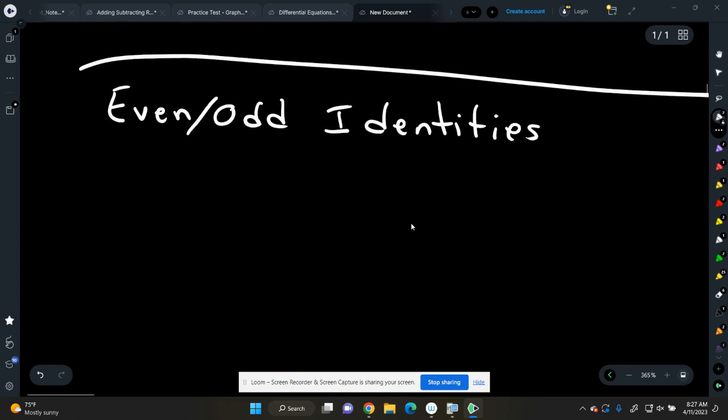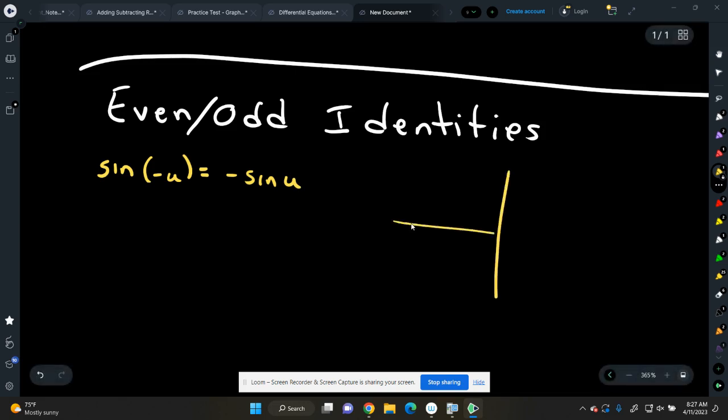And the last group is what we call the even-odd functions. So sine of negative u is equal to negative sine u. These are kind of weird. So let's just think about what that's actually saying. Let's look at the sine of negative 60 degrees.